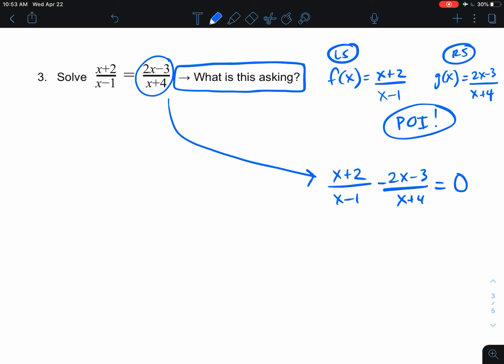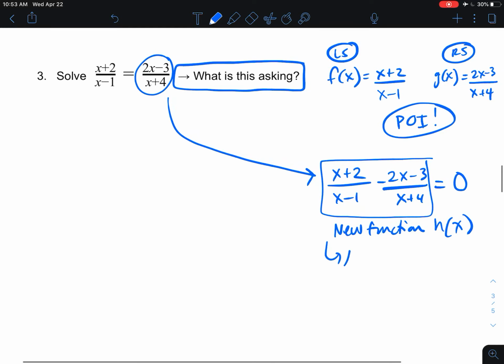So all we've done is effectively moved that term from the right side over onto the left side with us. Now this is reframing the question. Now we're asking, where does this new function, which I'm going to call h of x, have its zeros? That's what it's asking.